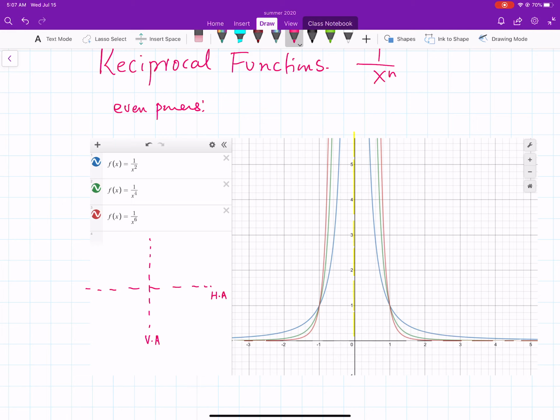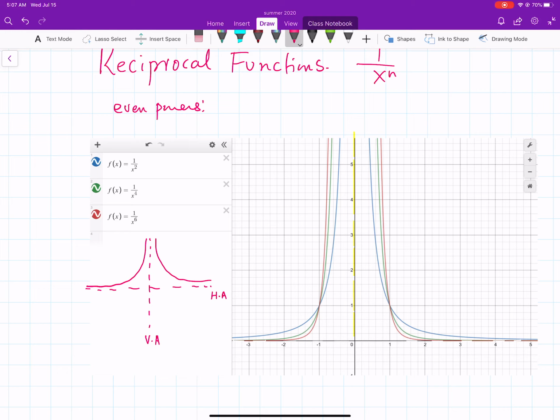It's hard to show that on the graph, but I tried to show that anyway. So you can clearly see that the graph looks like this, and it looks like that. And the higher the power is, the further away you are from the y-axis, and the closer you are to the x-axis too.